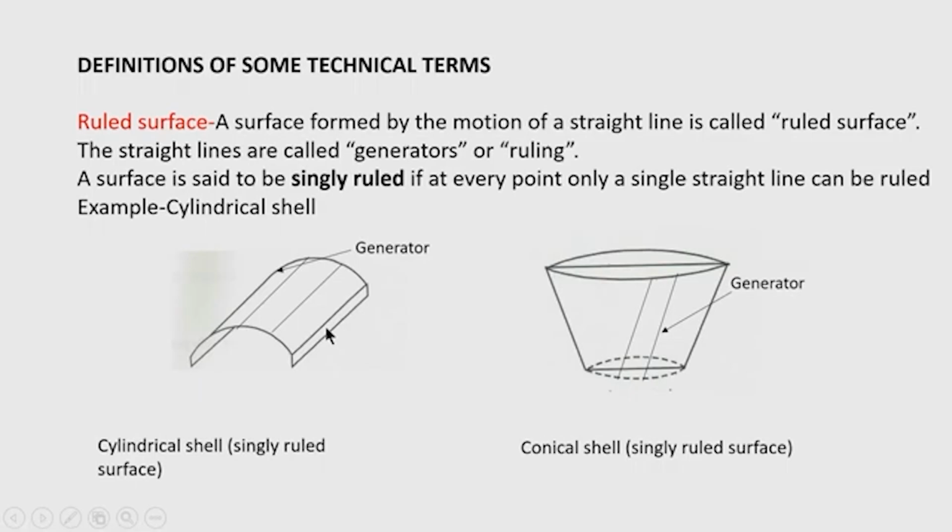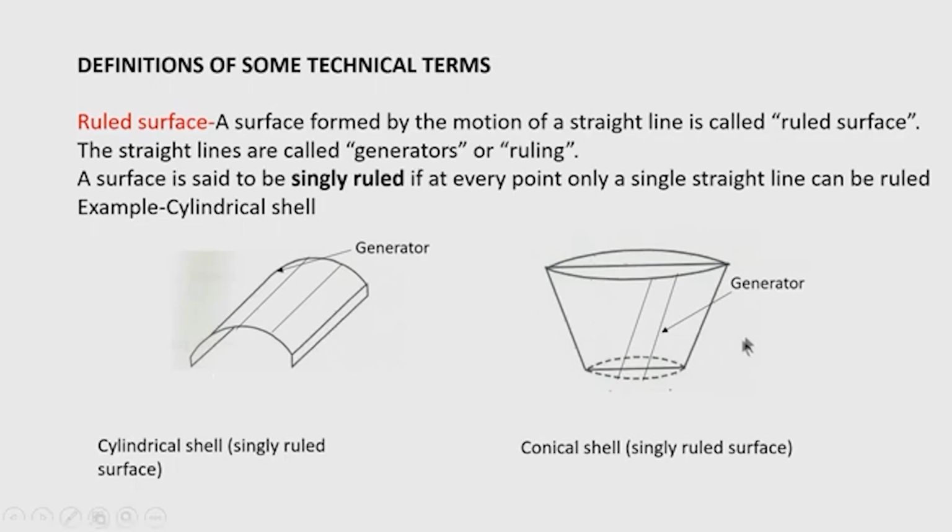So, when the generator moves over the directrix, a surface is formed, and that surface is known as a ruled surface. So, straight lines are called generators or rulings. Okay. So, this is an example of a ruled surface, a cylindrical shell, which is also a singly curved shell, falling under the category of singly curved shell.